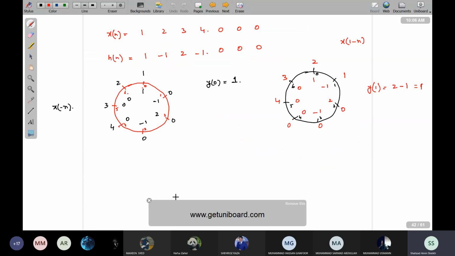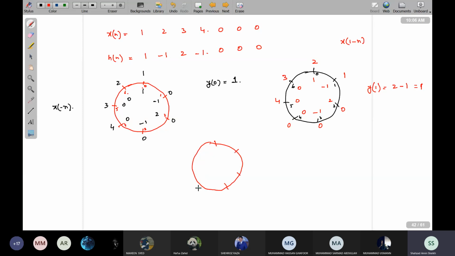Let's have the third value and then you can calculate the rest. 2, 3, 4, 5, 6, 7 and 0, 1, 2, 3, 4, 5 and 6. It is 1, minus 1, 2, minus 1, 0, 0, 0, which is h of n, and then it is 2, 3, 4, 1, 0, 0 and 0.